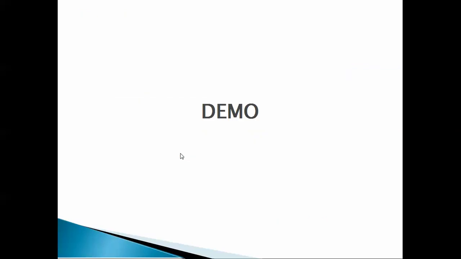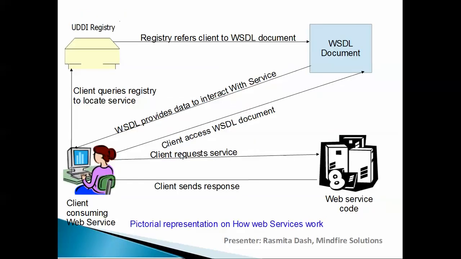So next thing is a demo. We did this. Now let's see how a web service actually works. What happens is, first a client application browses through the UDDI registry that I told you about at the beginning in the web service component section. A client application needs to browse through the UDDI directory and find the web service that it is actually interested in consuming.